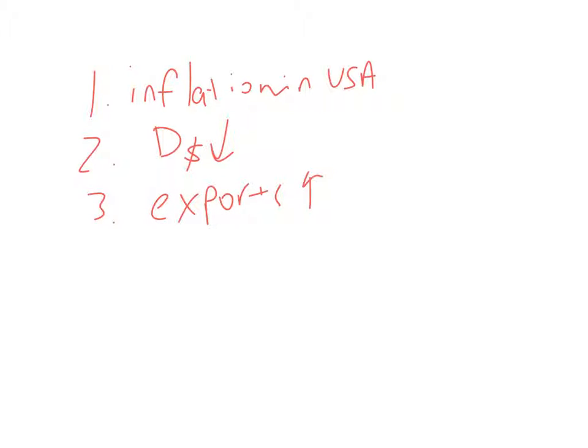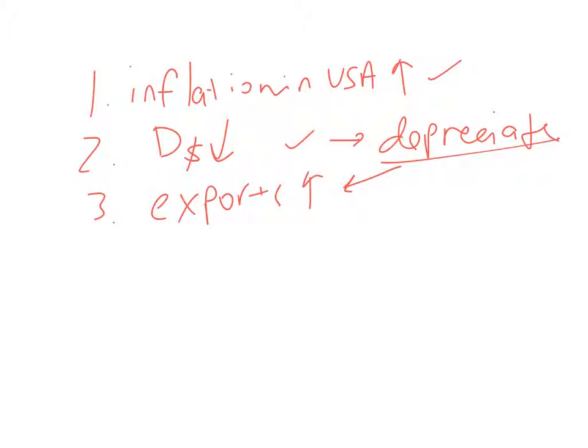So here we are at this point. We've said inflation in the US has risen. That caused the demand for the dollar to decrease because goods are now more expensive. When the demand for the dollar falls, that causes it to depreciate as the exchange rate falls. The US dollar depreciation causes exports to rise as they're now relatively cheaper.